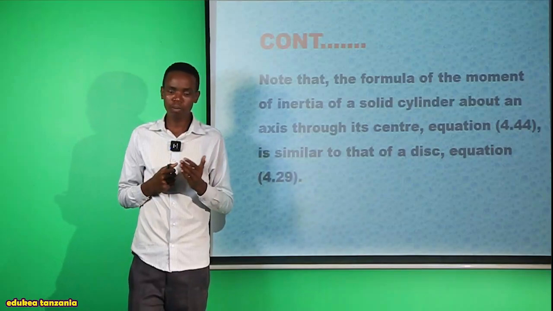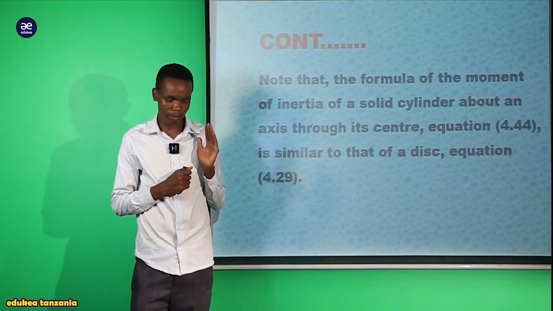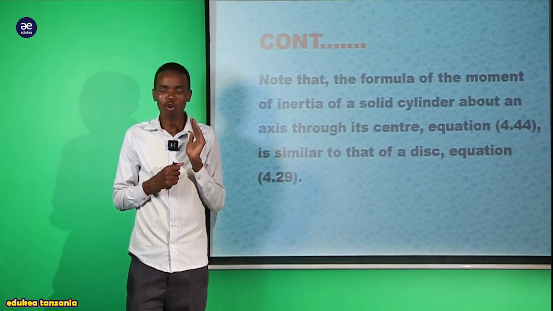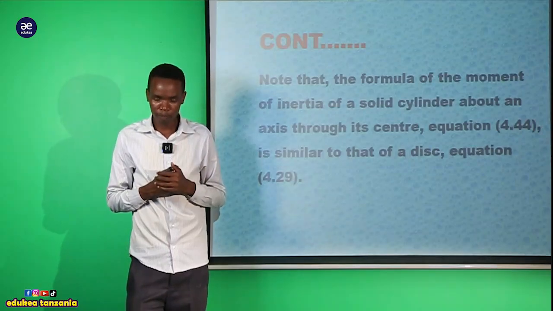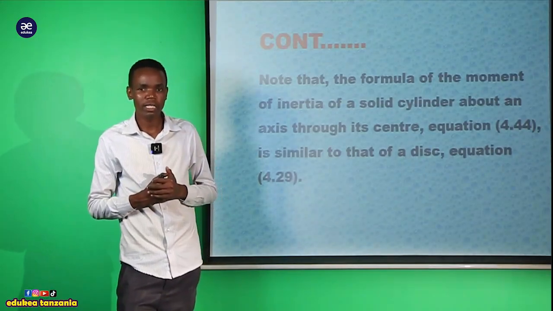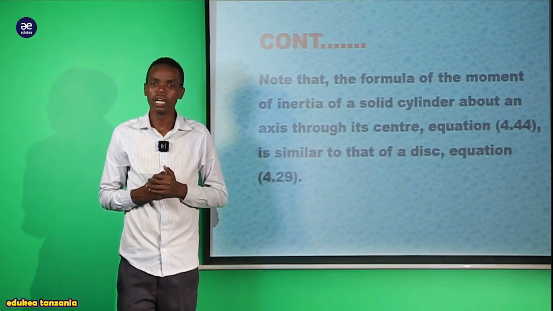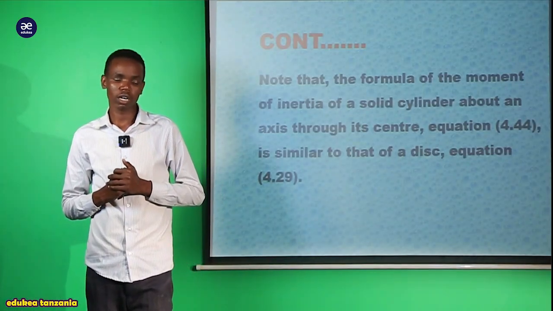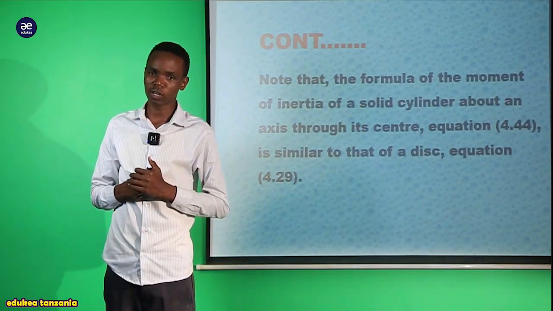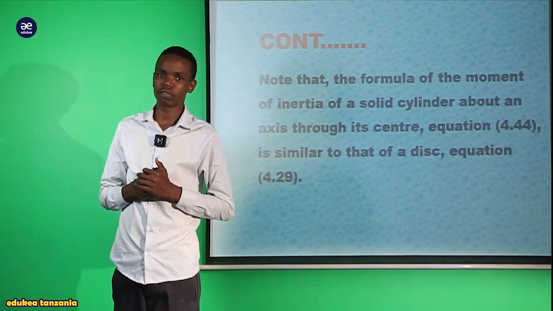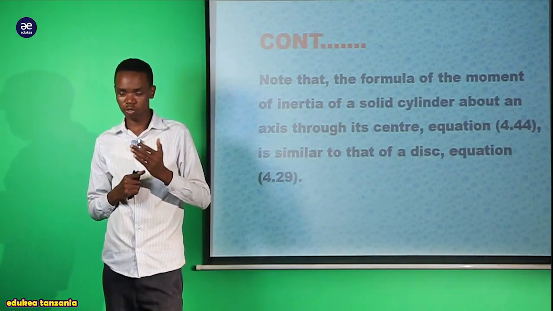And the second task is: find the moment of inertia for the solid sphere if it has a mass equal to 20 kg and its radius is equal to 5 meters.